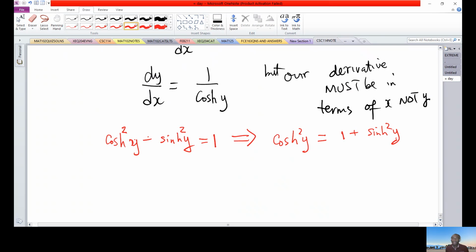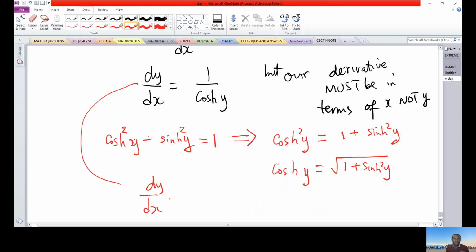So to get hyperbolic cosine alone of y, it will be given by the square root of 1 plus hyperbolic sine squared of y. Therefore, dy/dx will be given by 1 over the square root of 1 plus hyperbolic sine squared of y.